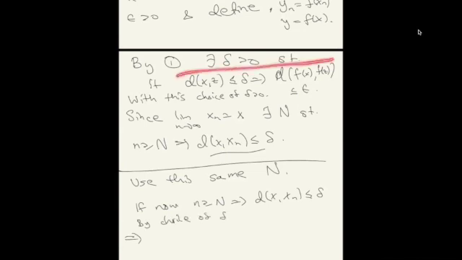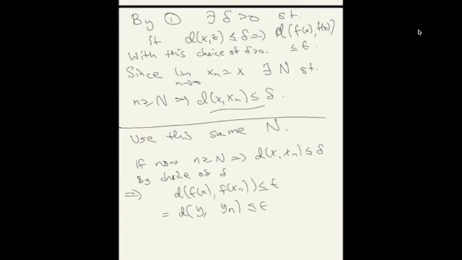So if now n is bigger than or equal to N, then the distance from x to x_n is less than delta, then by choice of delta and the continuity here, we get that the distance of f(x) and f(x_n) is less than or equal to epsilon, but this is the same thing as the distance of y and y_n is less than or equal to epsilon.